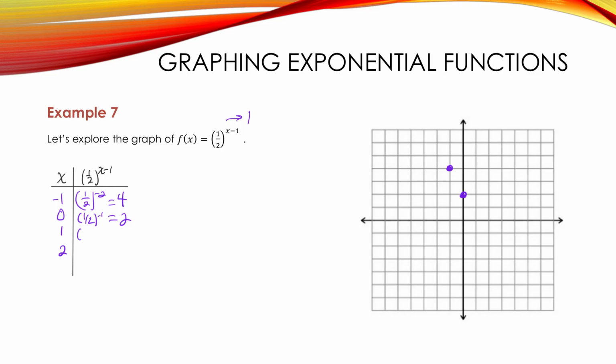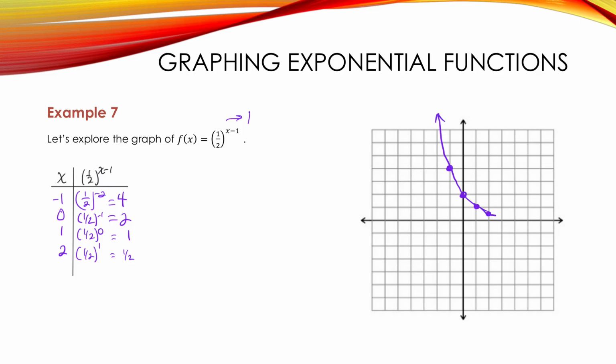At 1, I get 1/2 to the 0, which is going to be 1. And at 2, I get 1/2 to the 1, which is 1/2. And so, indeed, what we did is we took our graph from the last slide and we just went ahead and moved it to the right by 1.